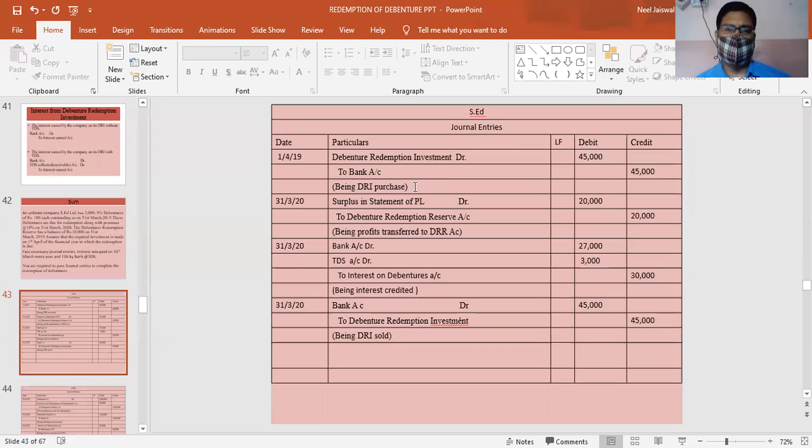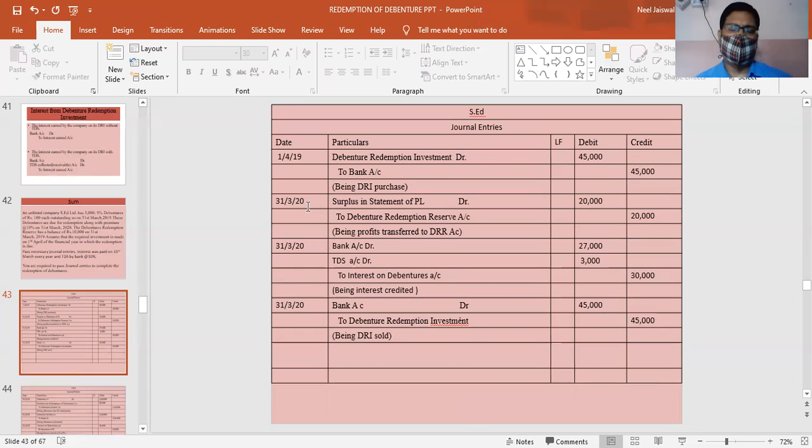That is the value of outstanding debentures which have to be redeemed. 15% of that, the minimum requirement is 15%. The company can do more than that. As nothing is mentioned about percentage, we take the minimum, the compulsory, the obligatory requirement, that is 15%. DRI has been created, 45,000 invested in the bank.